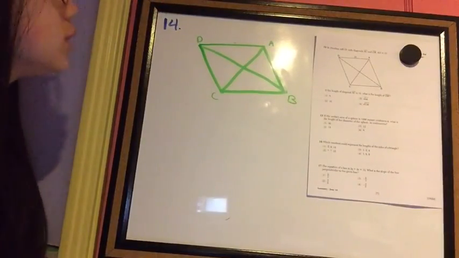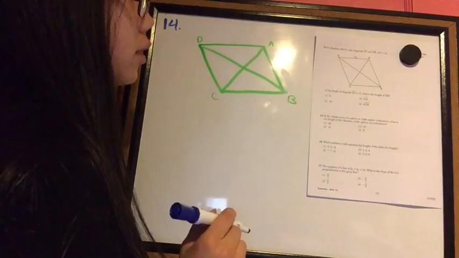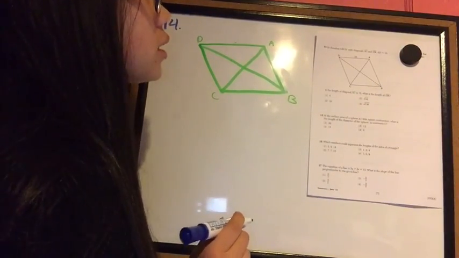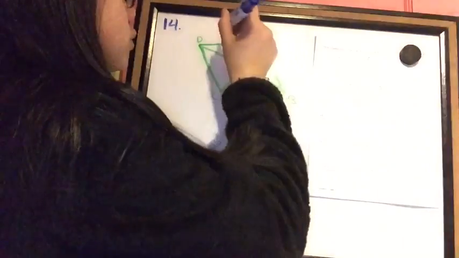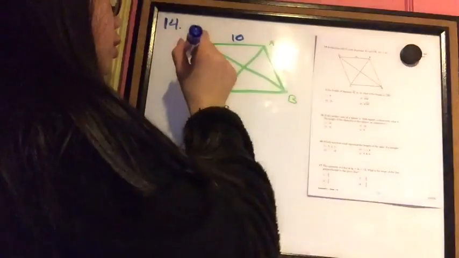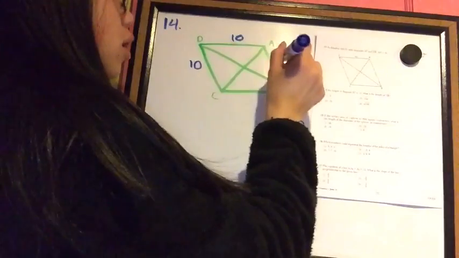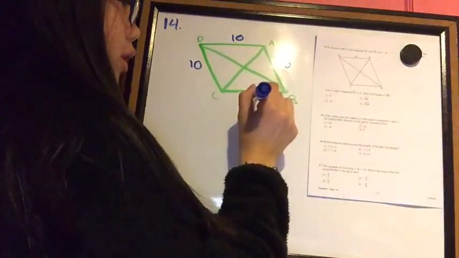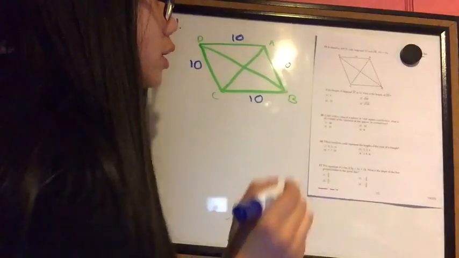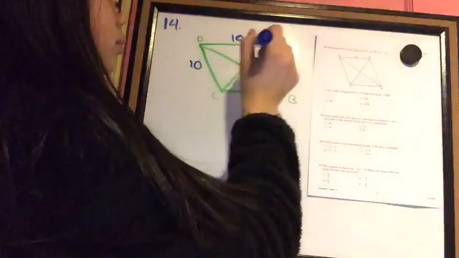So in question 14, it is asking the length of DB. It tells us that AD is equal to 10. And properties of a rhombus say that all the sides are the same length. It also tells us that diagonal AC is 12.